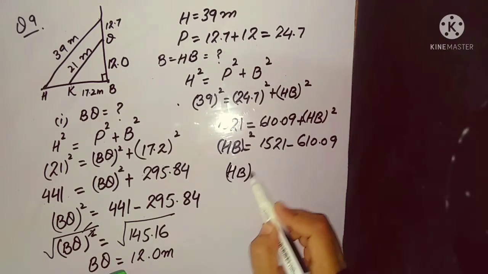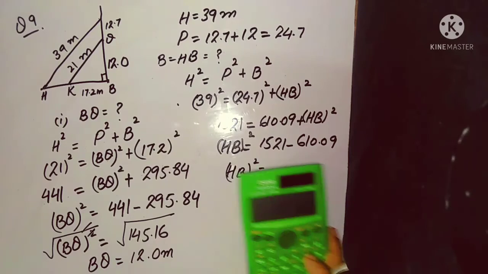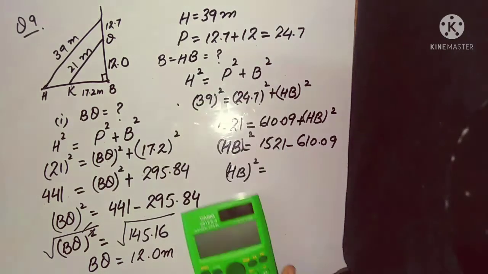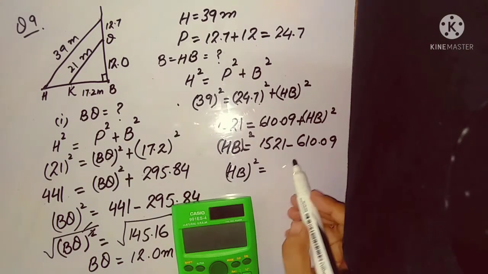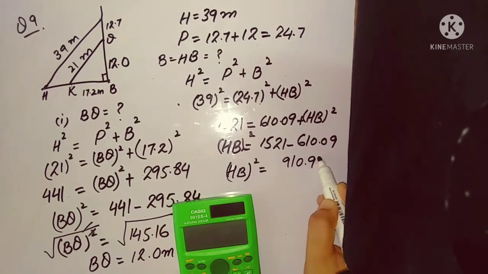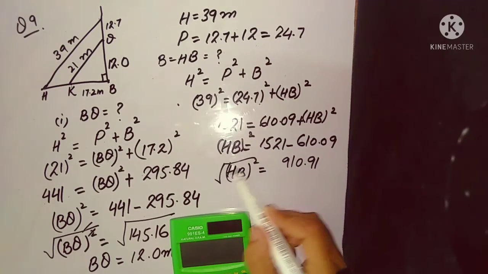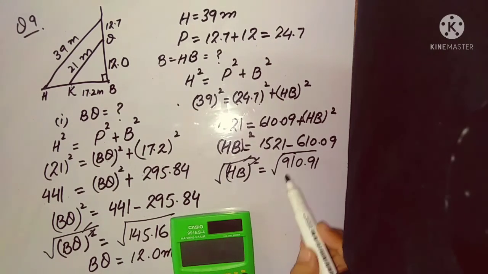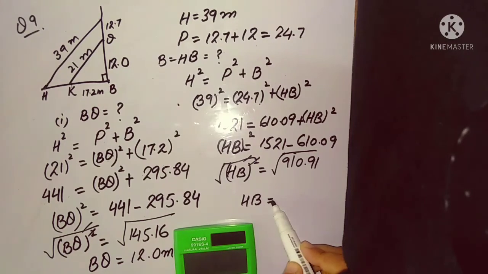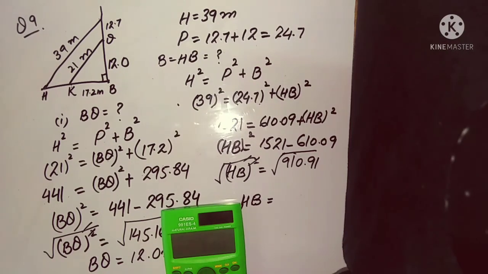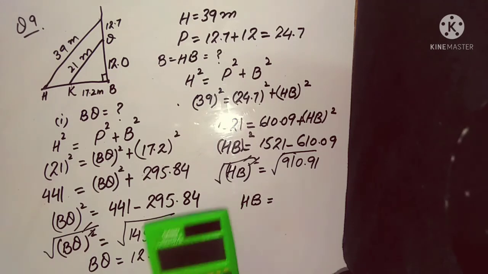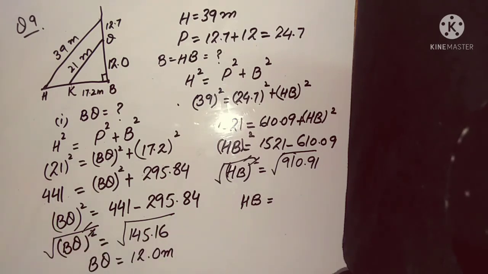So HB square will be equal to 1521 minus 610.09, which gives 910.91. To omit the square, you take the square root on both sides. When you take the square root, you get the value of HB, which is 30.1.